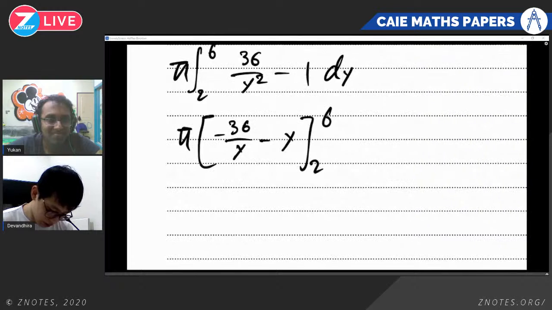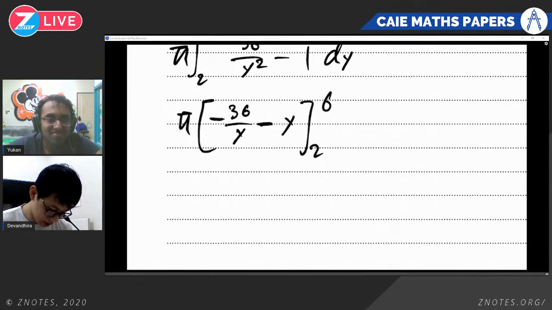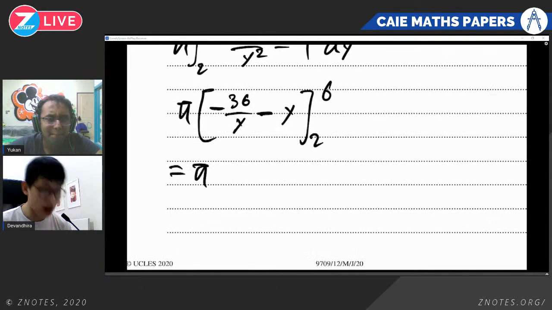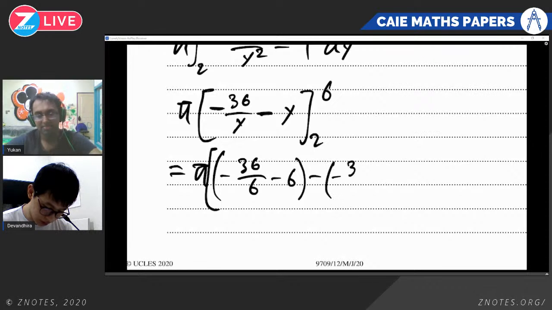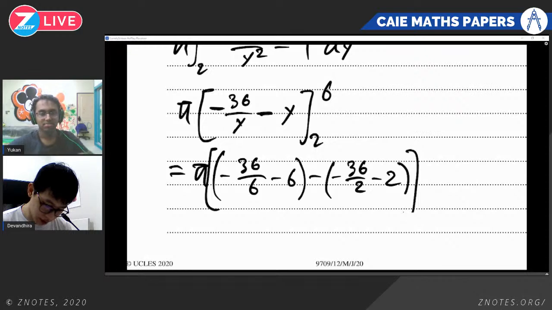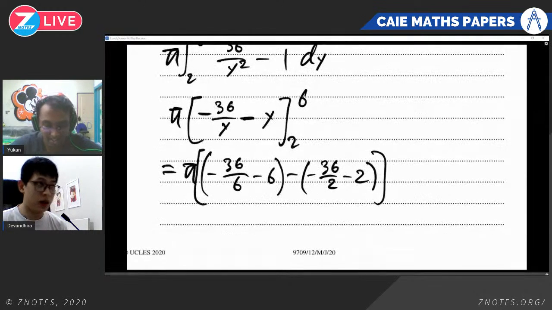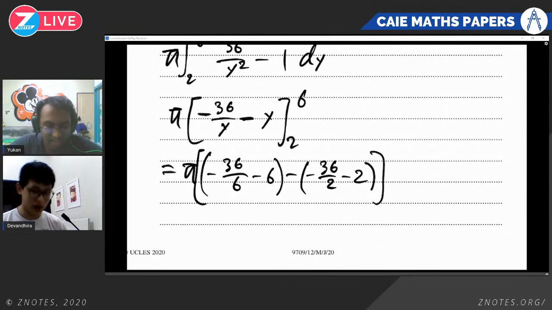We have this expression now, and let's evaluate it. We evaluate when y is 6 and when y is 2. Negative 36 over 6 minus 6, in a big bracket, minus negative 36 over 2 minus 2. Let me put it in the calculator.